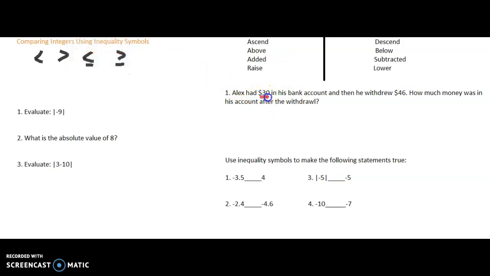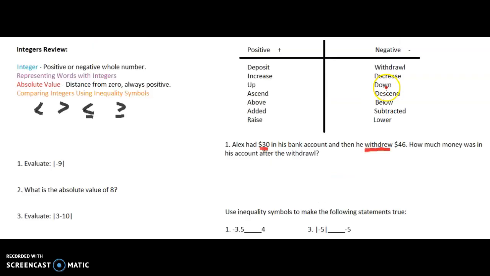So he had $30 in his bank, and then he withdrew, so that's just another form of that word withdraw. So we already saw that withdraw is a negative, so we're going to write that this is a negative for us. So he withdrew $46, and now we want to know how much was in there after the withdrawal. So that's what we're looking for in the end.